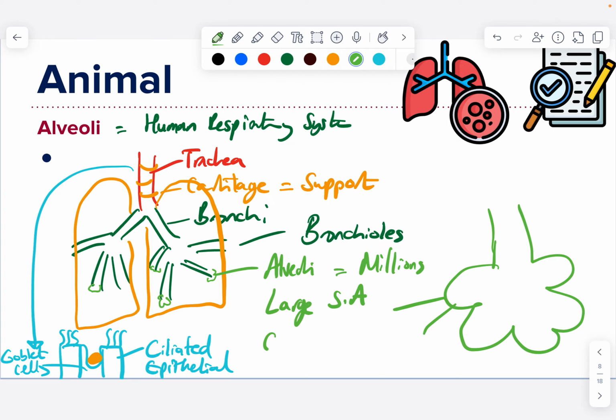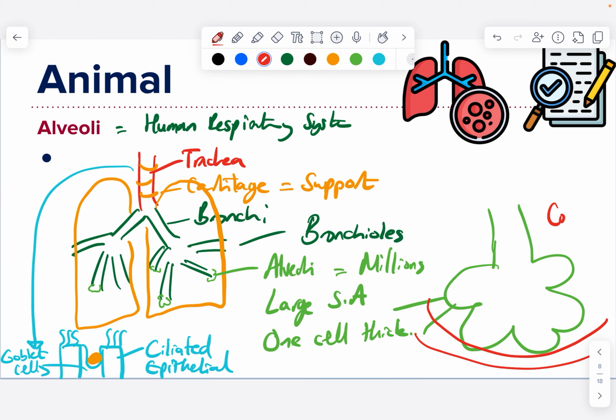They are also one cell thick. Each alveolus has a capillary, so they have a copious blood supply.